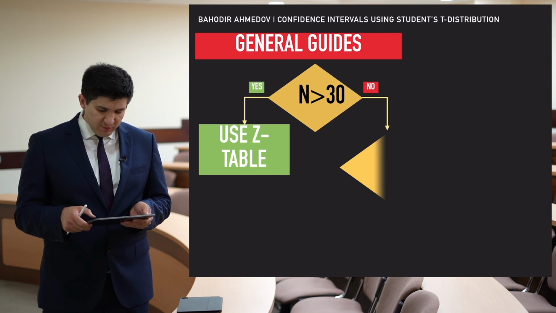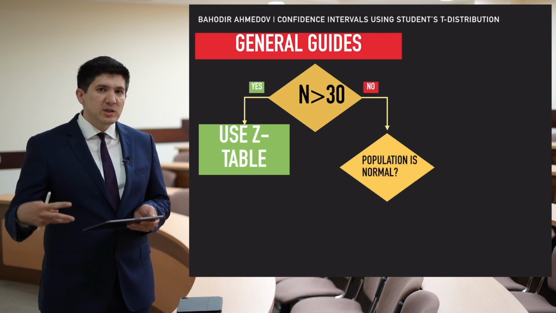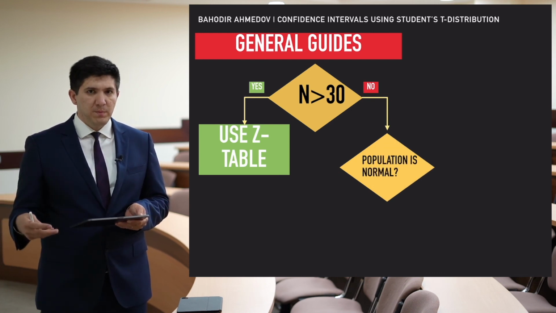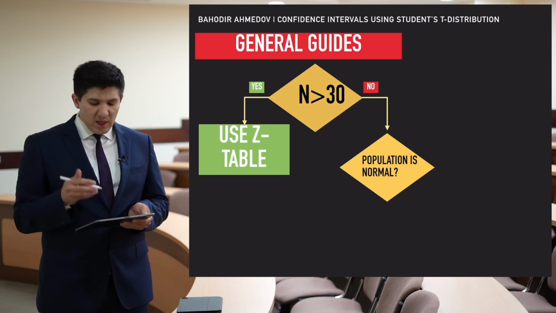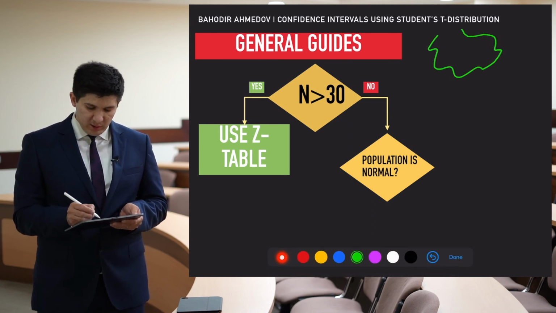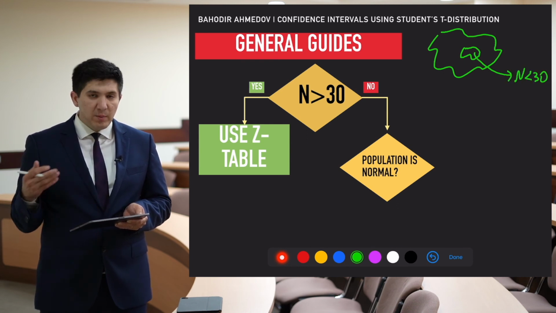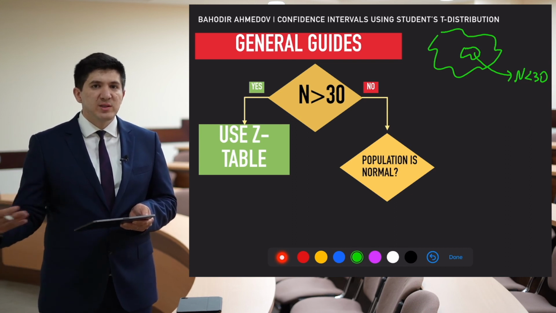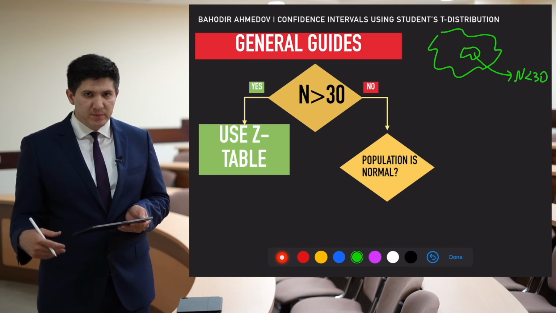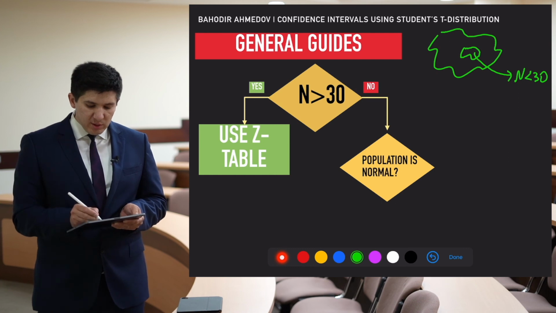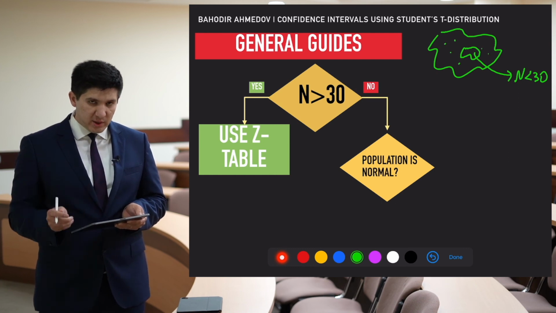You need to first of all check whether the population distribution is normal. So you have the population, and you took a sample from the population. When the sample size is less than 30, you've made the measurements of fewer than 30 items or persons. In the first case, you need to know the distribution of the whole population.